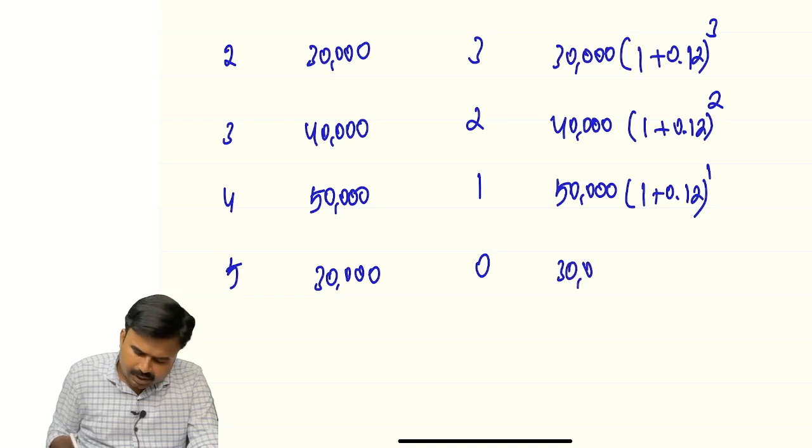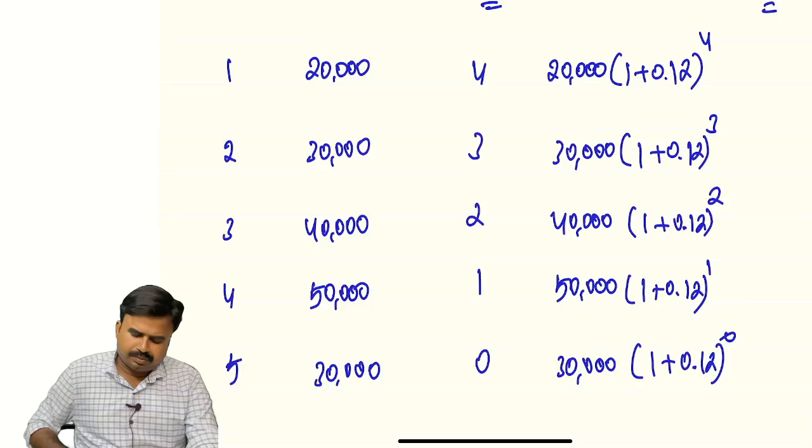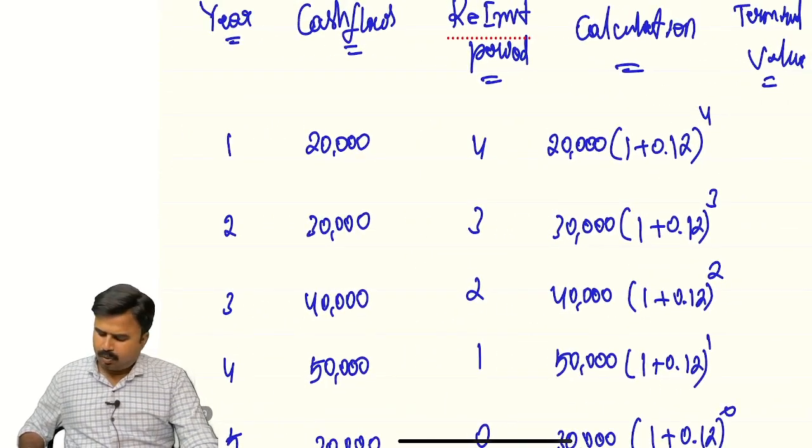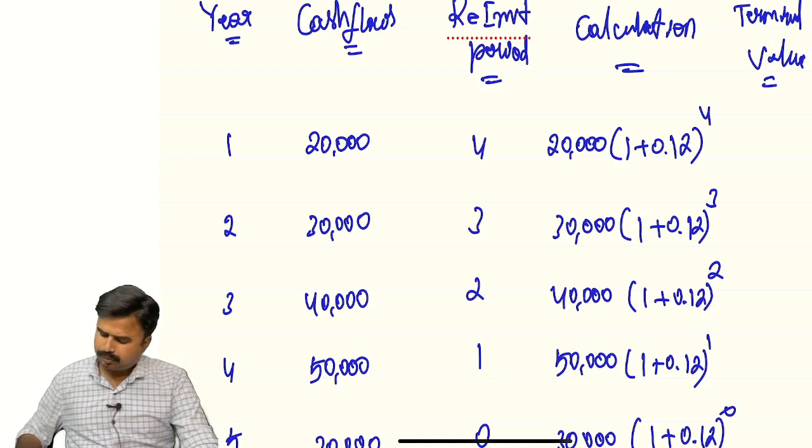And 30,000 into 1 plus 0.12 whole to the power of 0. So let us take the numbers. 1.12 to the power of 4 into 20,000.